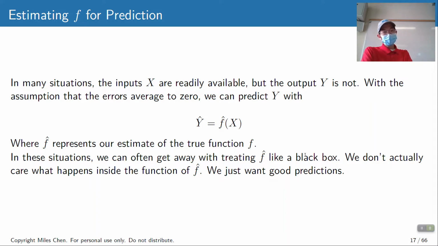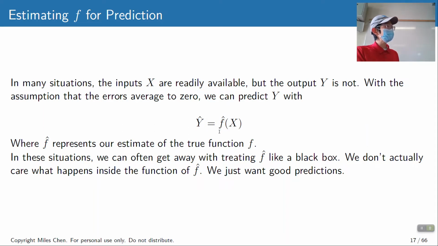Okay, if we want to figure out this function f for the purposes of prediction, this is kind of what it looks like. We've got our inputs x and the output y. Maybe we want to predict what that is. Our notation is the function that we've estimated.